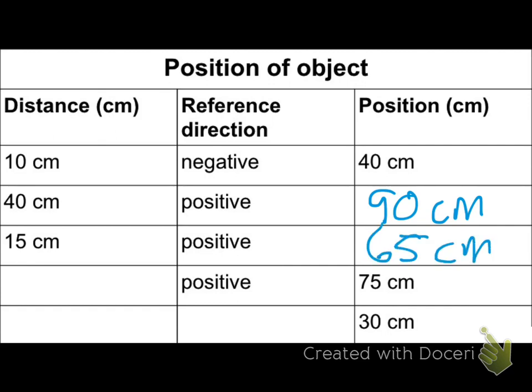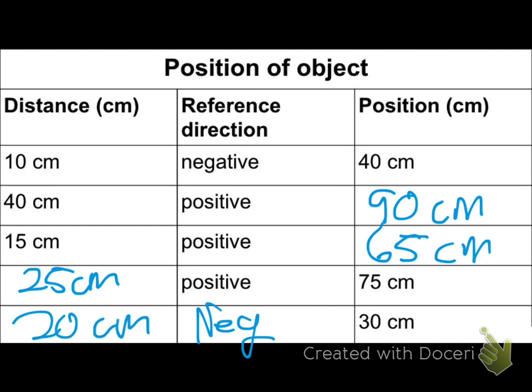If I end at the 75 mark and I know I started at the 50 and I was moving in the positive direction, how far did I move? 25 centimeters. And then if I end up at the 30, what direction did I move in? I moved negative. And how far? 20 centimeters. Okay, so that's what we were looking for here.